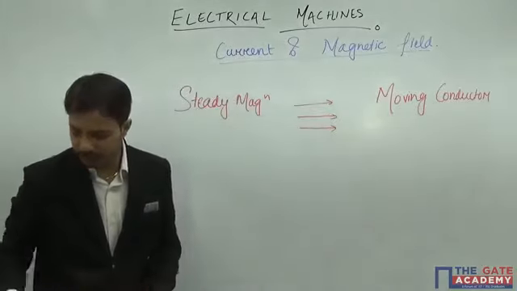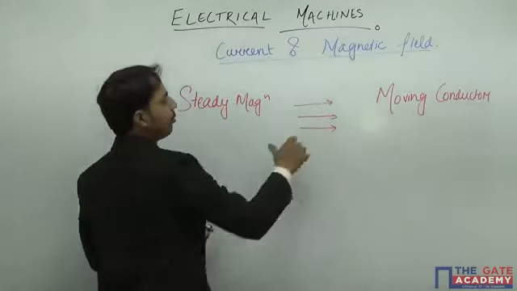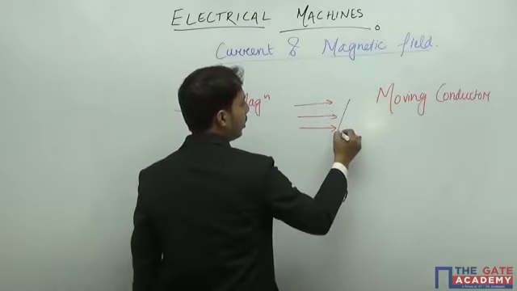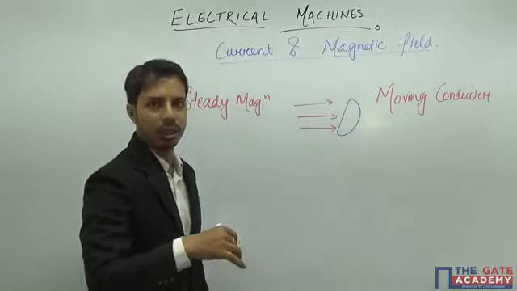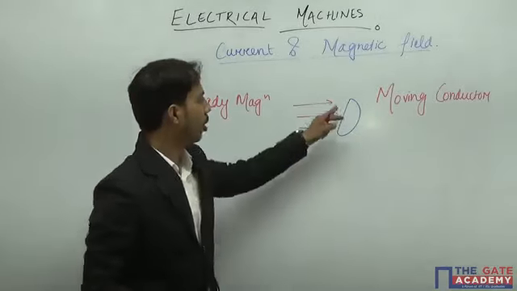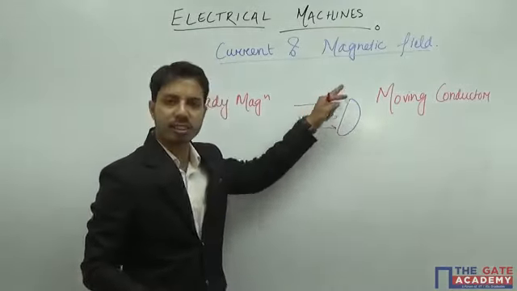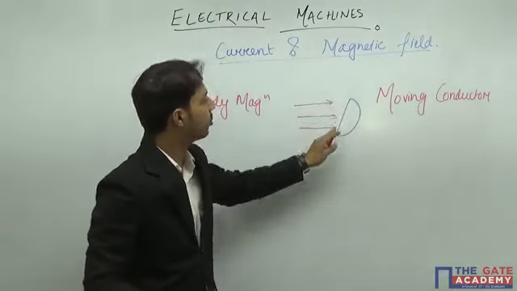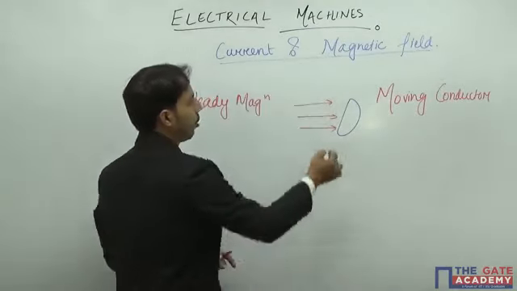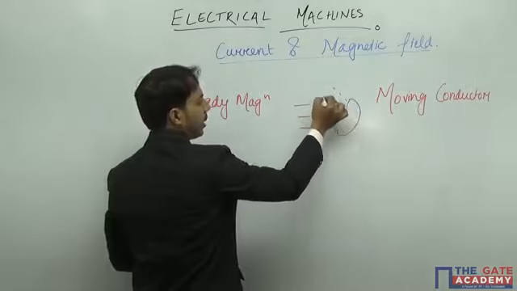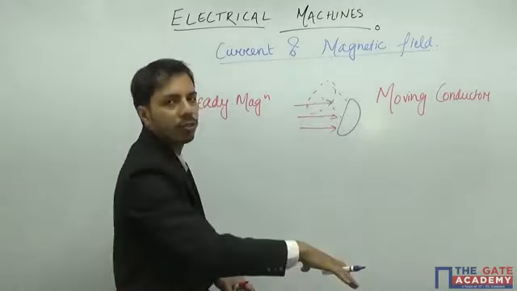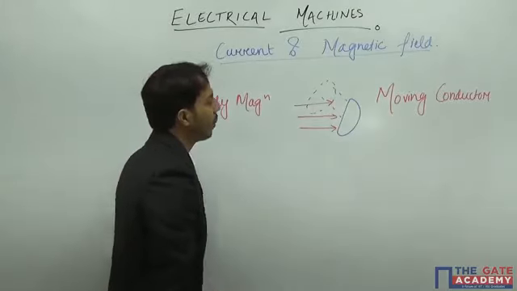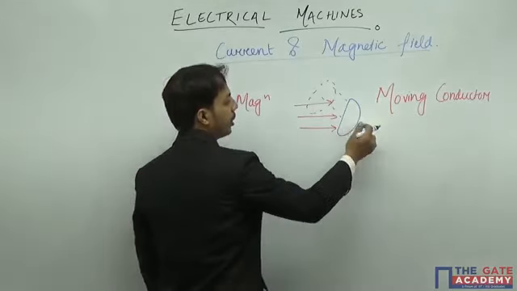Say this is a field, and I have a closed loop conductor here, which is moving in this particular field in this direction. After some time, it is cutting these fluxes. So what will happen is current will be produced here.